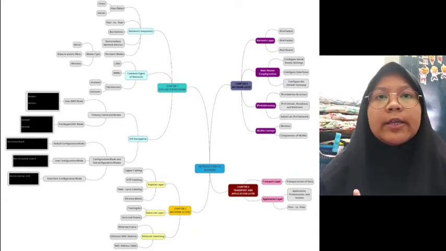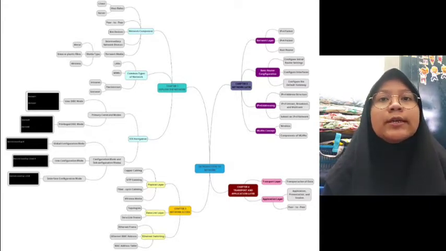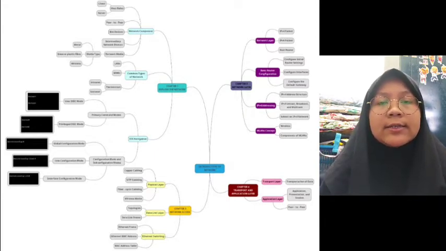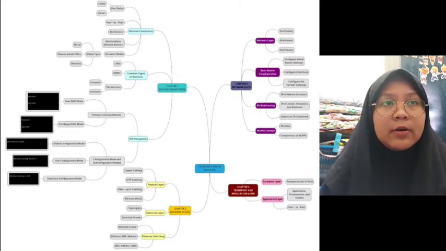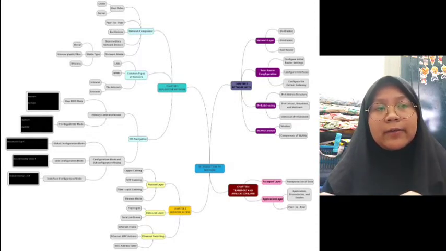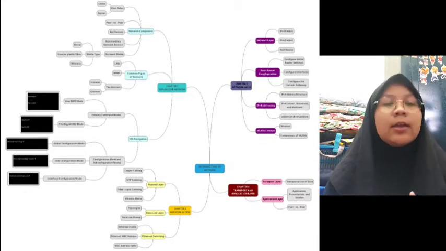Of chapter 1, I'm going to explain about IOS navigation. IOS navigation has primary command modes and configuration modes and sub-configuration modes. In primary command modes, you have user access mode, which allows only a limited number of basic monitoring commands. Privileged access mode allows access to all commands and features, and you identify it by the CLI prompt that ends with the hash symbol.